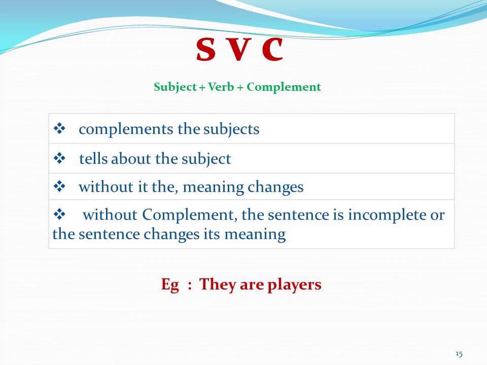In this example, they is the subject, are is the verb and players is the complement. If you remove the word players from the sentence, the sentence is incomplete. So, you should remember that a sentence needs a complement, and without it the sentence is incomplete or meaningless.